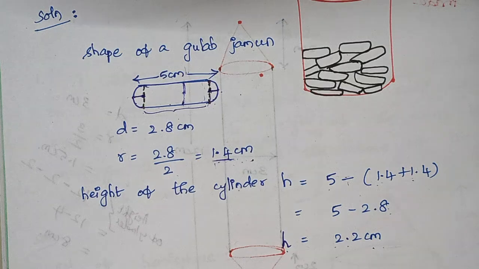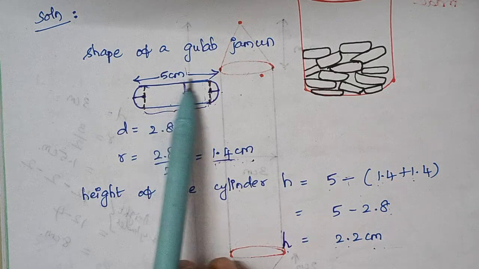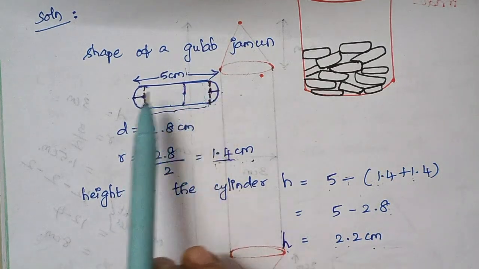Now we are going to find the volume of 1 gulab jamun so that we can calculate the volume of 45 gulab jamuns. How to find the volume of this gulab jamun? The shape of a gulab jamun contains a cylinder and two hemispheres.